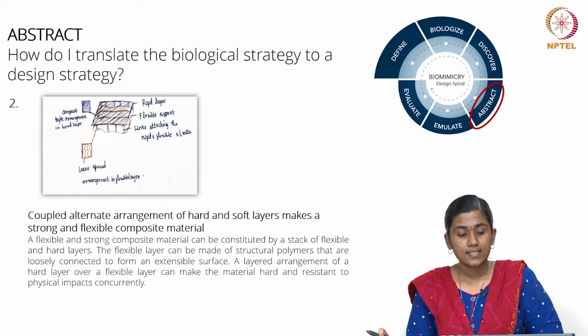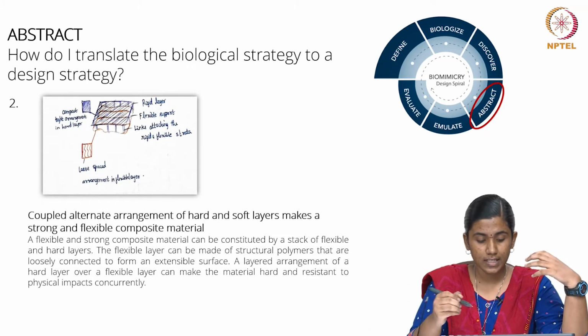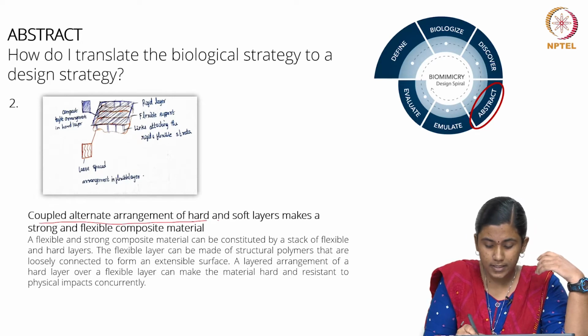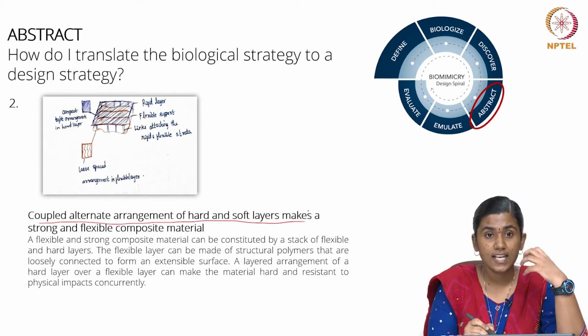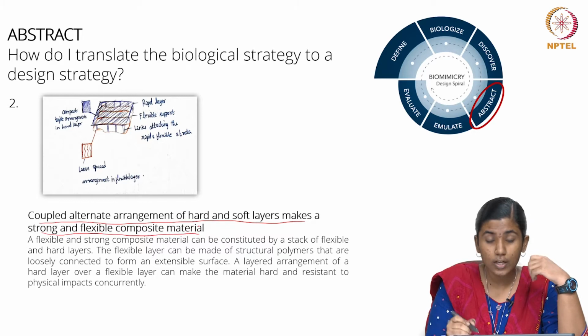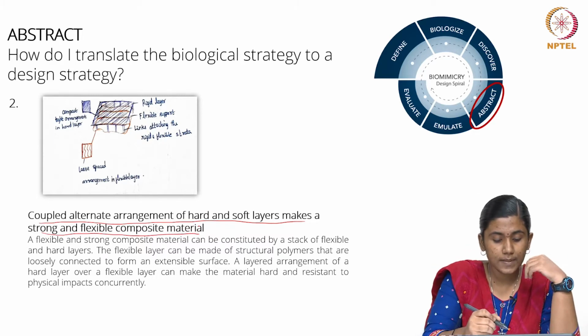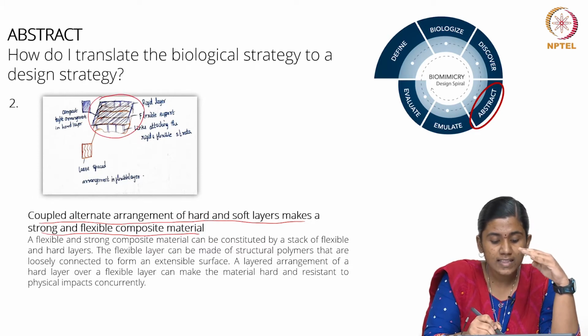So the next design strategy which I abstracted was that a coupled alternate arrangement of hard and soft layers makes a strong and flexible composite material. So this is something very interesting. This is the arrangement that you can see here, and there is an alternate arrangement of the flexible layers.